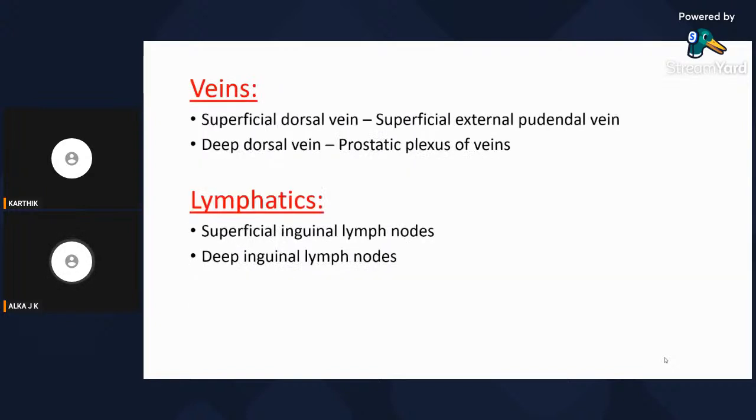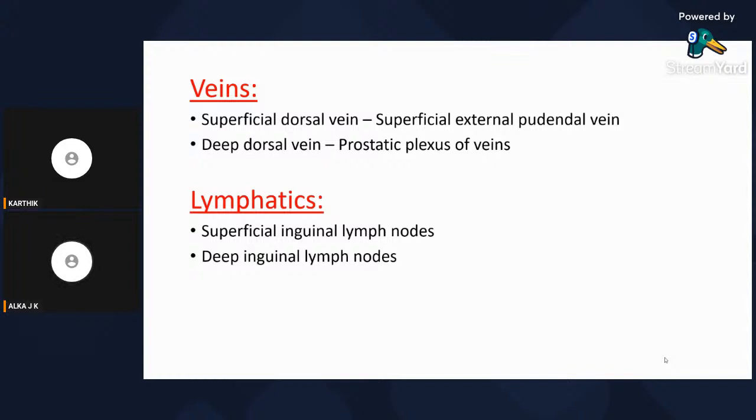So these are the arterial supply, which is very much important, because in the phenomenon of erection of the penis, the majority of blood is coming through these arteries. Venous drainage: superficial dorsal vein, which drains into the superficial external pudendal vein, and deep dorsal vein, into the prostatic plexus of veins.